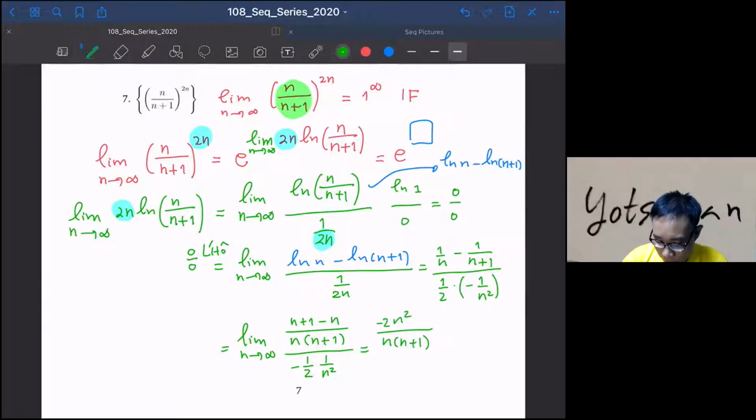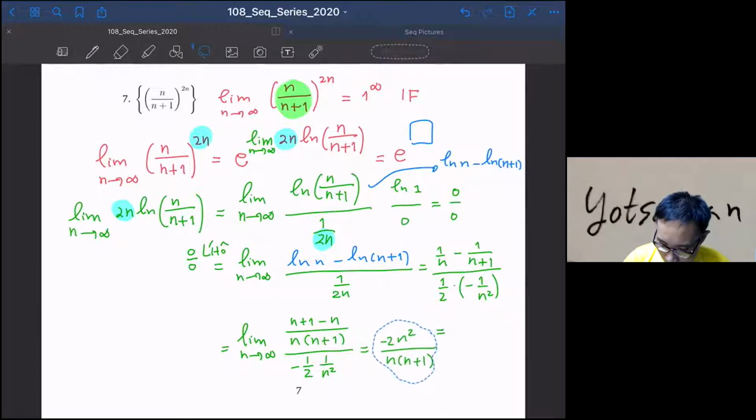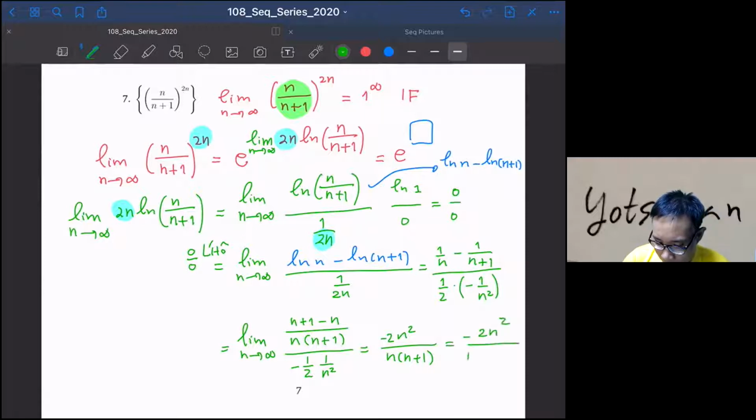So this will be negative 2n squared over n squared times (1 plus 1 over n).